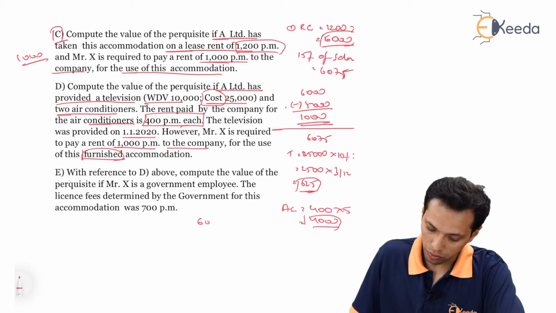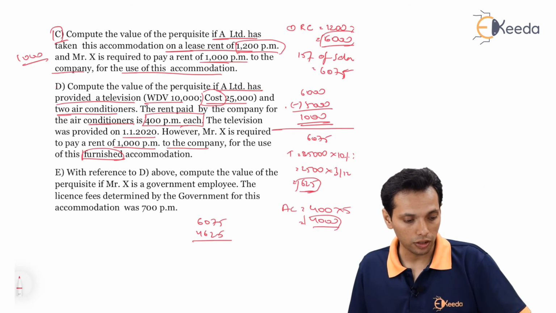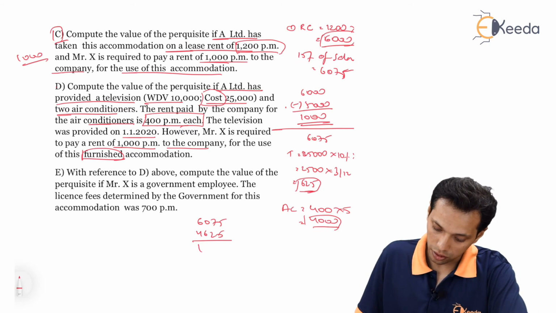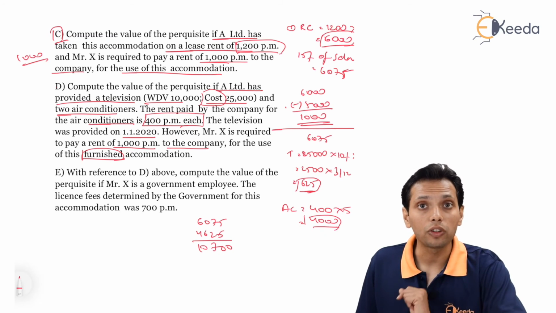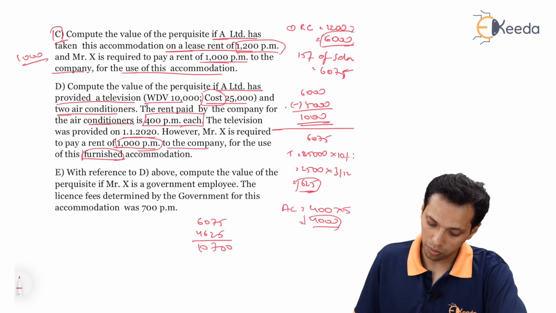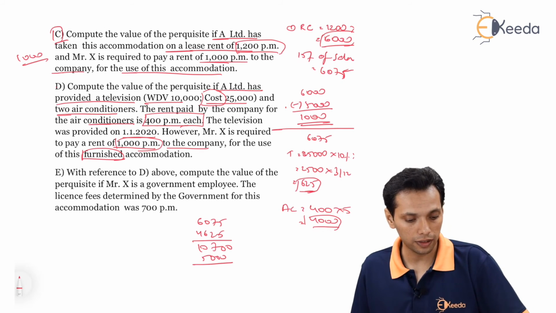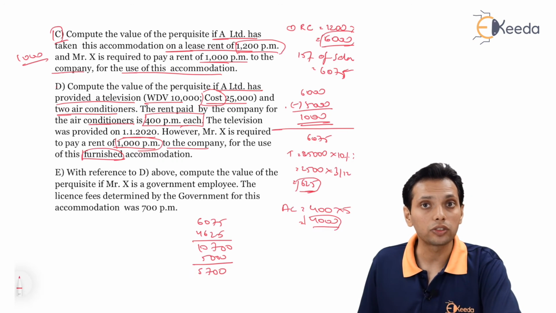So the perquisite value was 6075, and 4625, cost of the furniture, is added over here. 6075 plus 4625 is nothing but 10700, and any amount recovered from the employee, which is in this case 1000 per month, which is 5000, and accordingly there is concession in rent, which is of 5700.